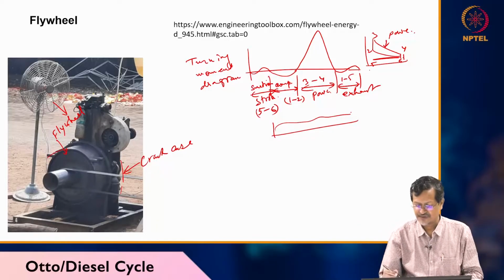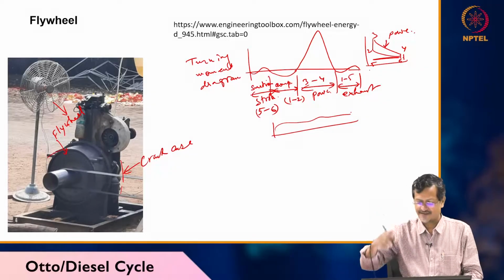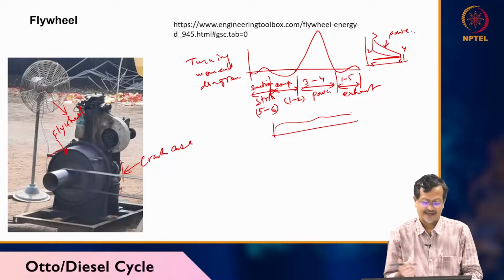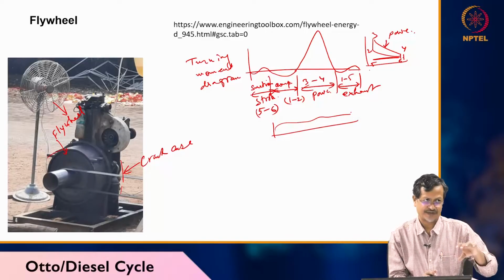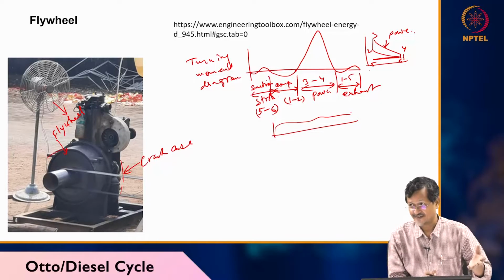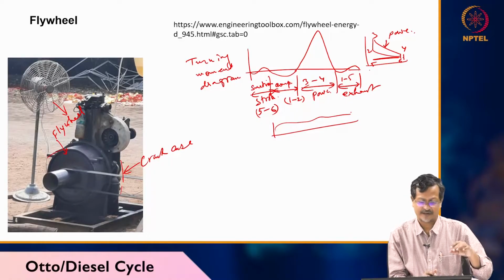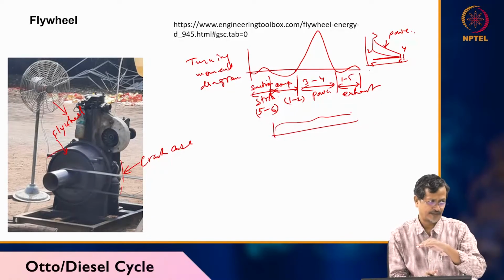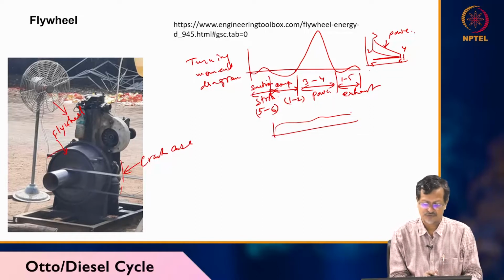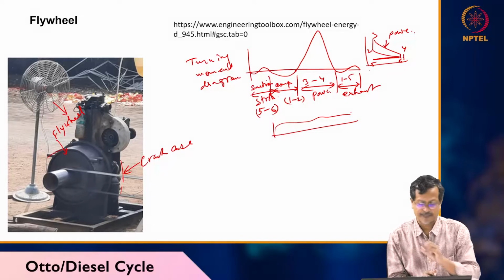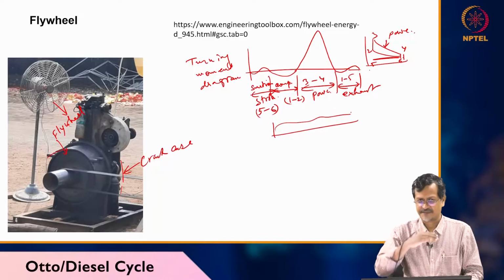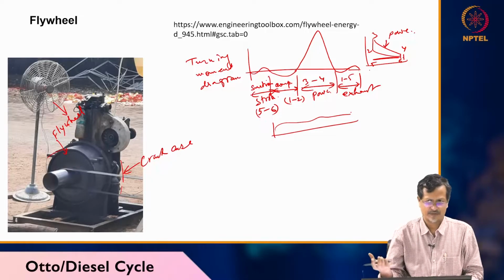It will store energy during the peak high power stroke, absorbing energy, and then during other strokes it will supply energy. How much smoothing you need decides your flywheel size. If you want very smooth power, the flywheel size will be very large. But if some pulsation is okay, then a small flywheel will be okay.